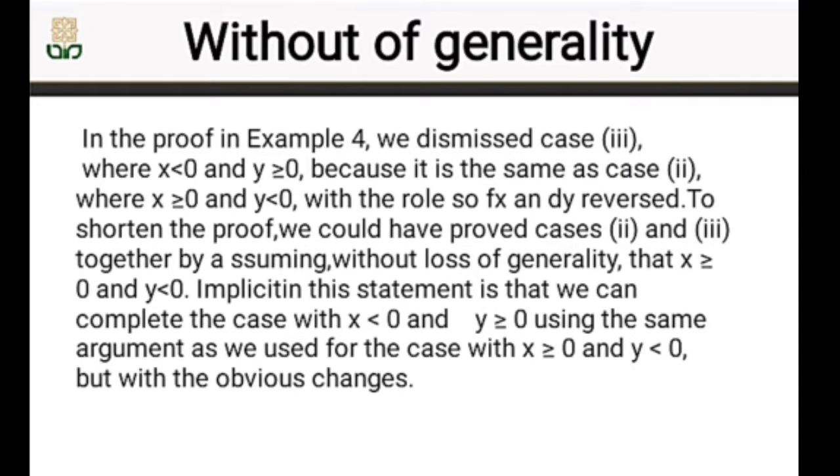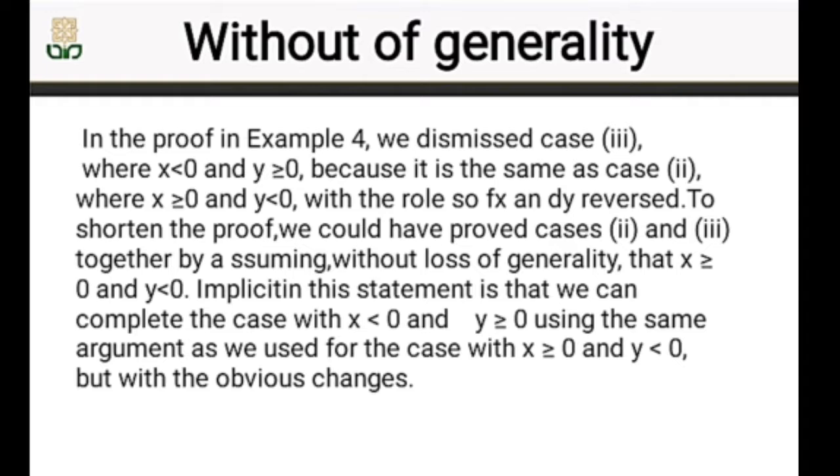Without loss of generality, we can take the case where x is less than 0 and y is greater than or equal to 0, because it is the same as case 2, where x is greater than or equal to 0 and y is less than 0, with the roles of x and y reversed. To shorten the proof, we could have proved cases 2 and 3 together by assuming without loss of generality that x is greater than or equal to 0 and y is less than 0.